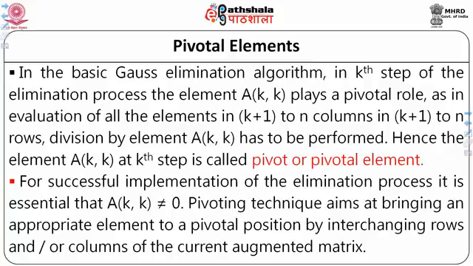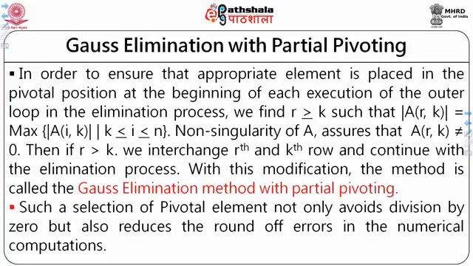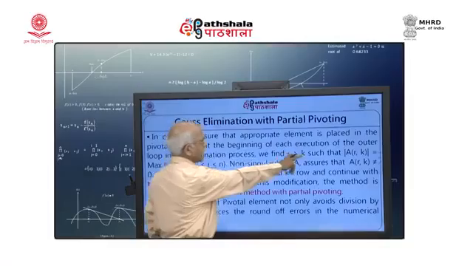Pivoting techniques aim at bringing an appropriate element to the pivotal position by interchanging rows and/or columns of the current augmented matrix. We are trying to bring a non-zero element into this location. So, in order to ensure that an appropriate element is placed in the pivotal position at the beginning of the execution of the outer loop in the elimination process, we find r greater than or equal to k.